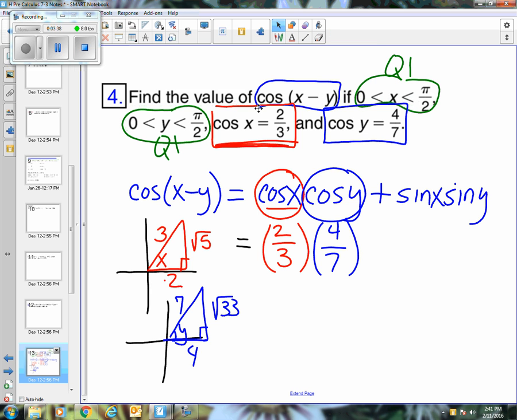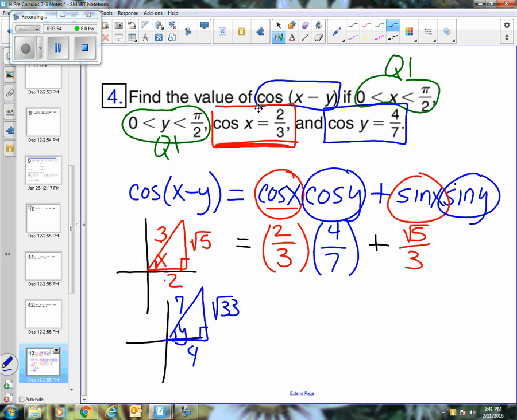Then plus, keeping my color coding going here, sine of x. I look at my x triangle, sine of x would be opposite over hypotenuse, so square root of 5 over 3, and then sine of y. In the y triangle, down here, sine would be opposite over hypotenuse, square root of 33 over 7. All right, so now order of operations, I need to multiply and then add.